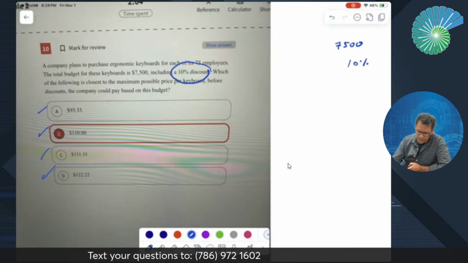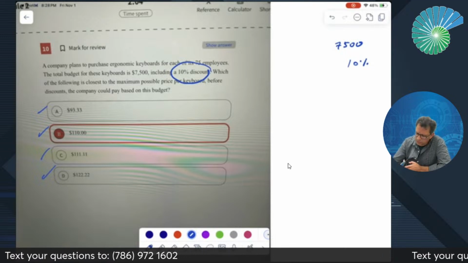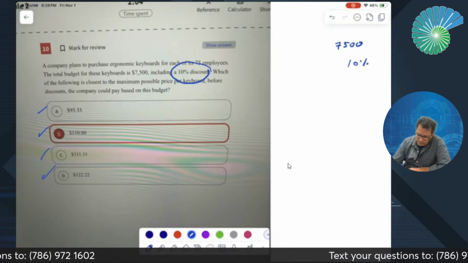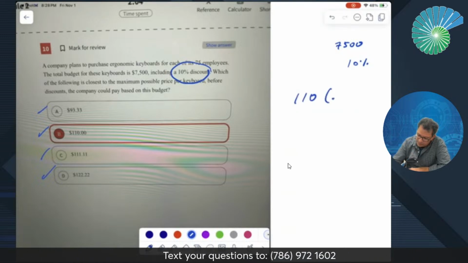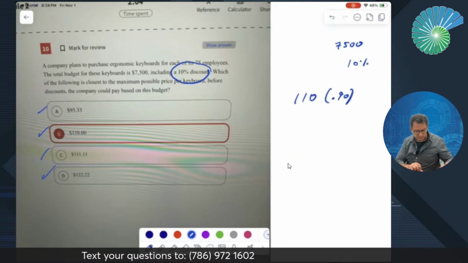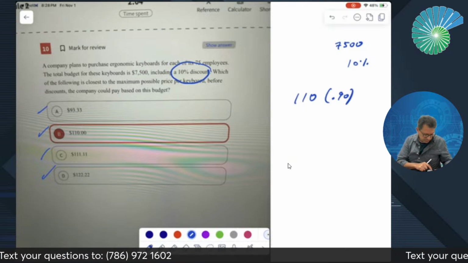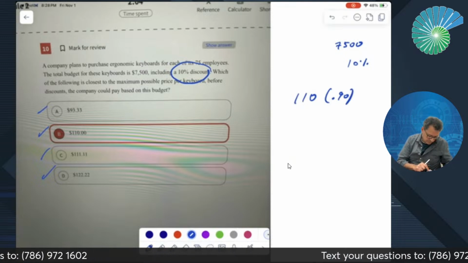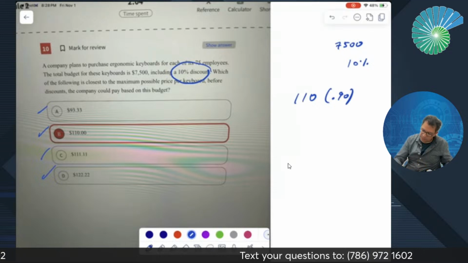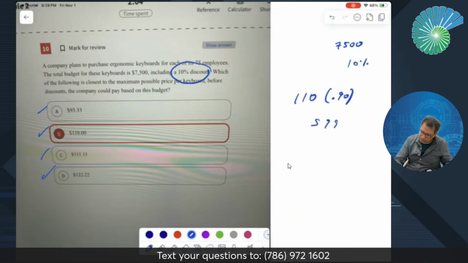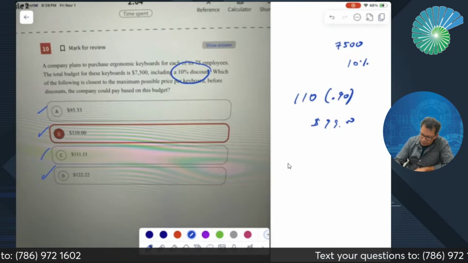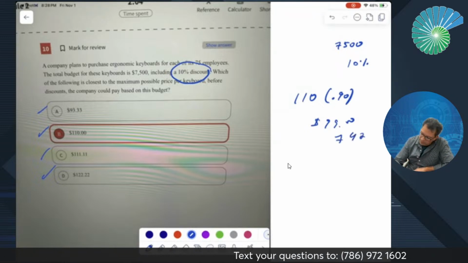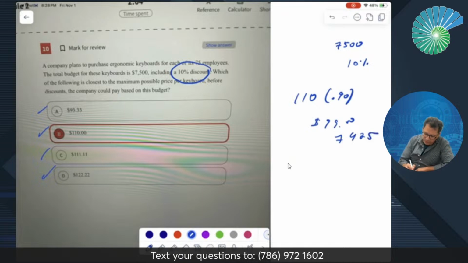Let's say if you choose 110, right? Let's say you choose 110, then you're gonna get a 10% discount. That means that you will only pay 90% of that price, which is $99. And you multiply that by 75, and you have enough money. But the question is, can I go a little higher?